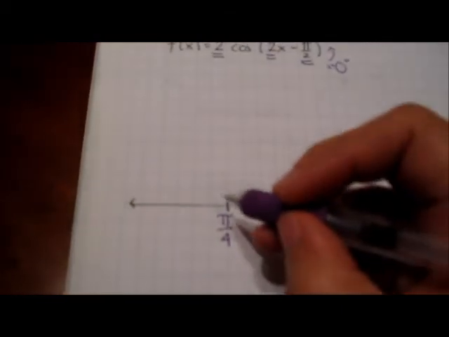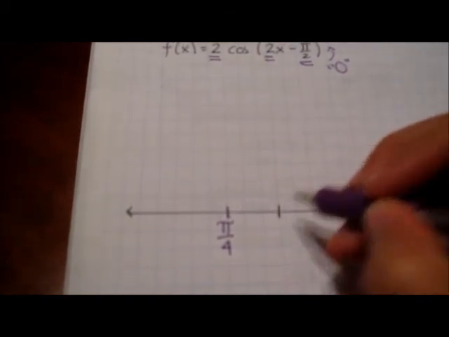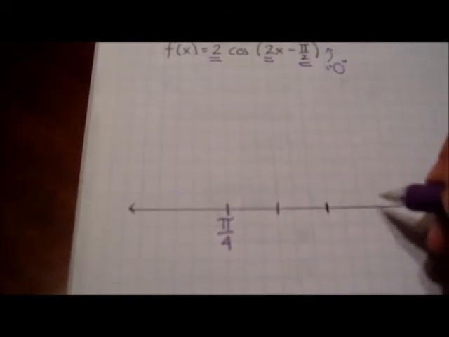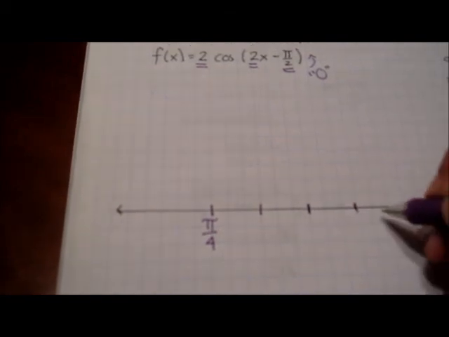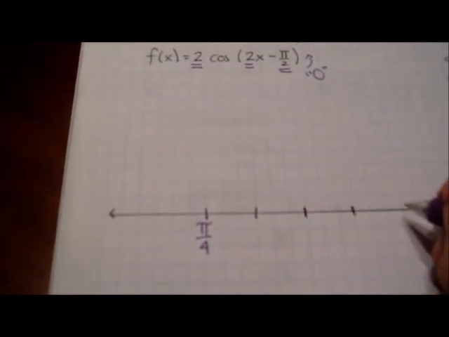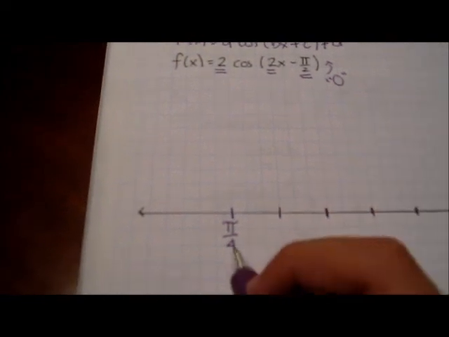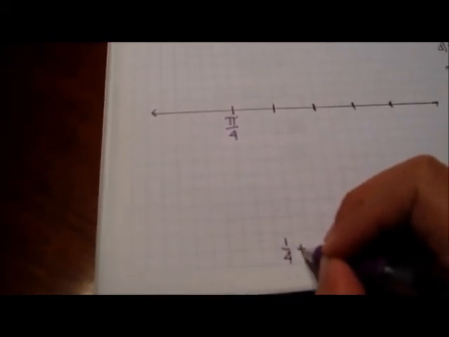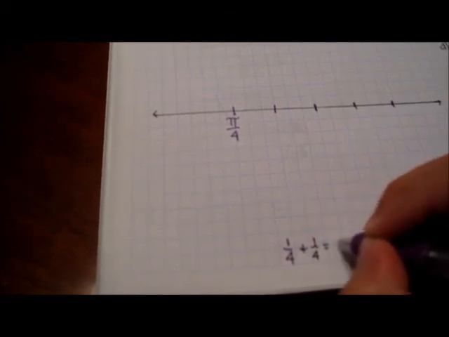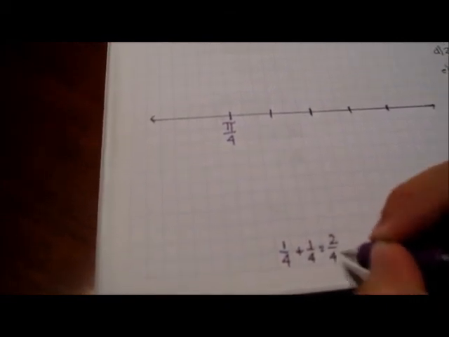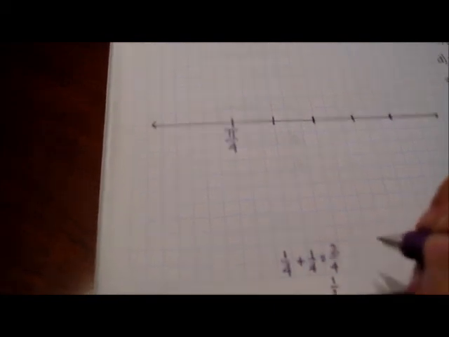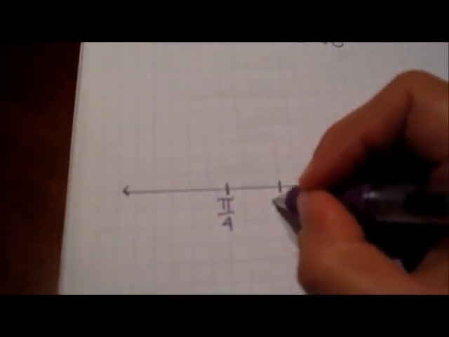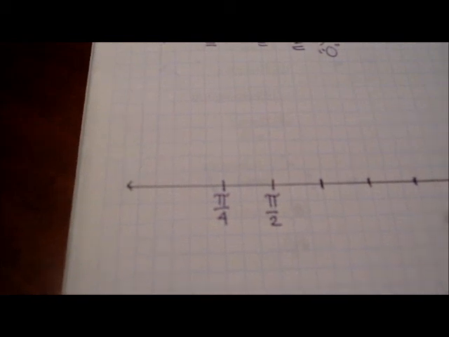And then I need to find out my 4 points. I only find my start point. So it's 1, 2, 3, and 4. What do I need to add to this one? My constant, that equals a quarter. So I have a quarter plus a quarter equals 2 quarters, and 2 quarters equals a half. So here I have pi divided by 2.